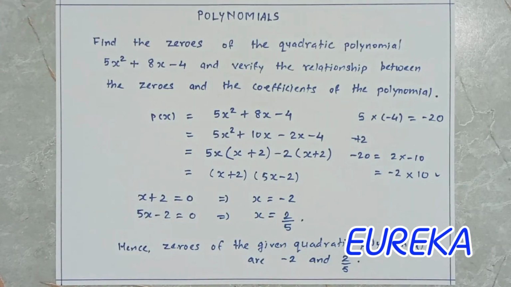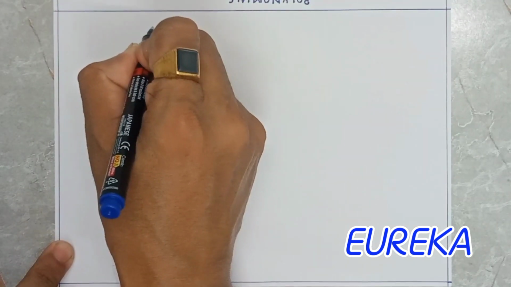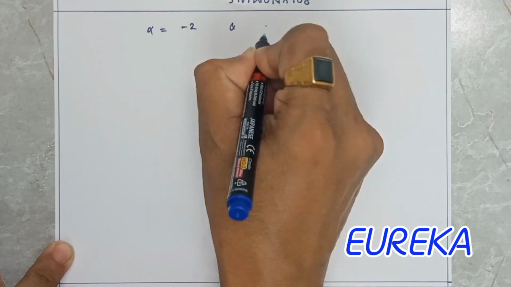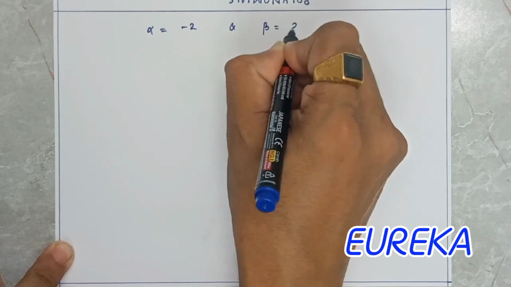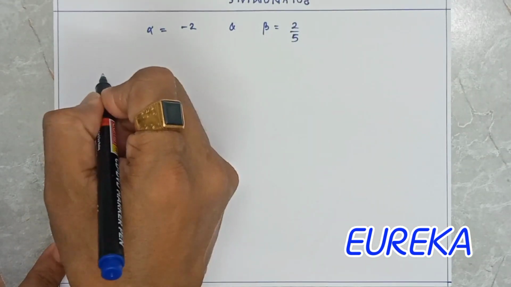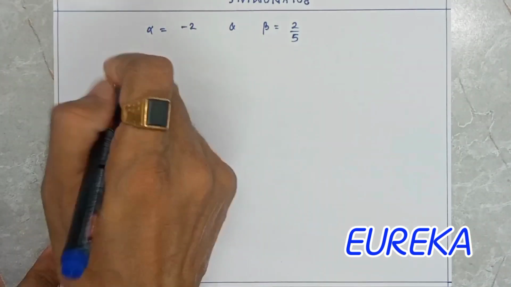Now we will check how to verify the relationship. Now we got alpha as minus 2 and beta as 2 by 5, and we have to verify the relationship.